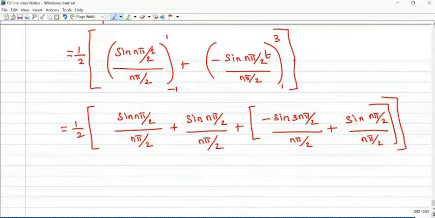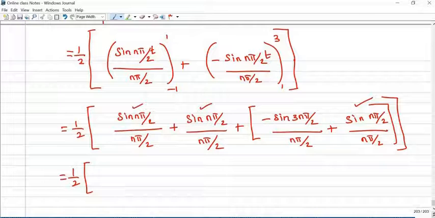Now we have to simplify this step. 1 by 2, sin n pi by 2 appears in each of the terms. Taking n pi by 2 common, we can write it as 2 divided by n pi.